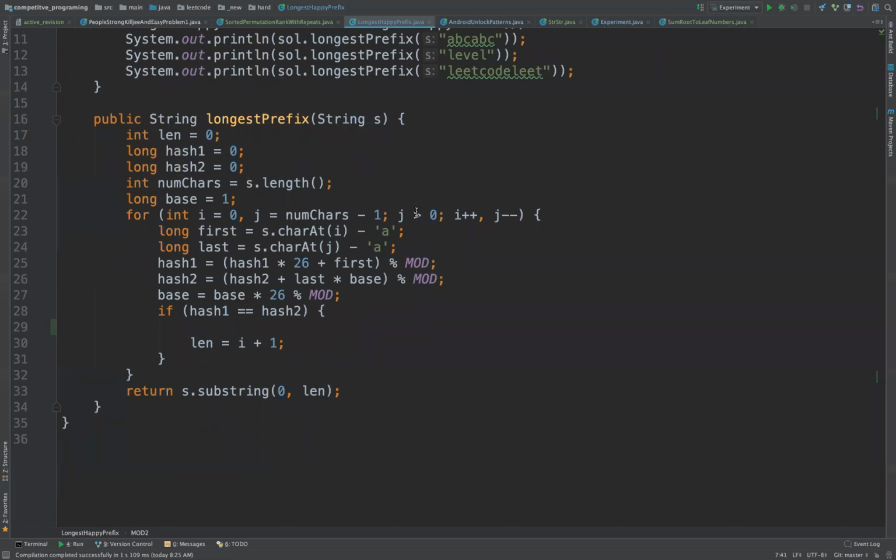That will reduce the chances of collision. So in that case, we'll have hash 1 and hash 2, and hash 1 prime and hash 2 prime, and always match them, right? Yeah, something like that. Cool.